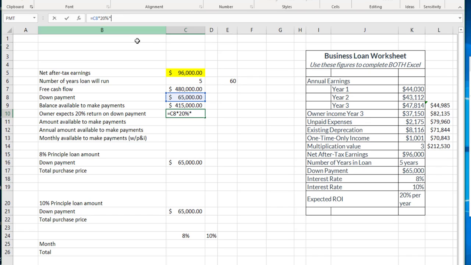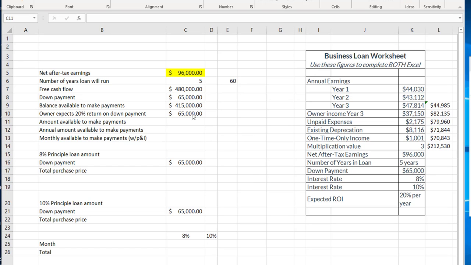So times 5, because it's going to run for 5 years. And I did that to make the math easy for you. So in 5 years, the owner expects that $65,000 return on investment. So they should be able to bring in enough money to make it worthwhile to have made that down payment.